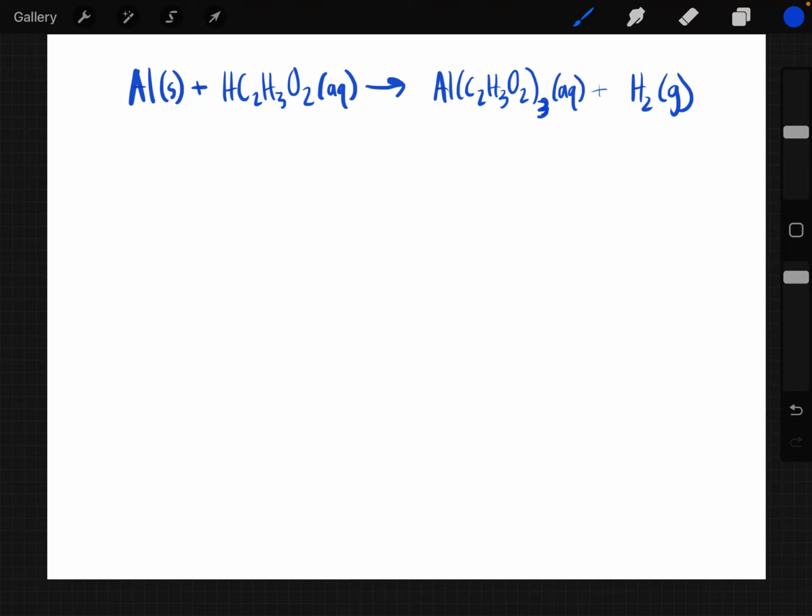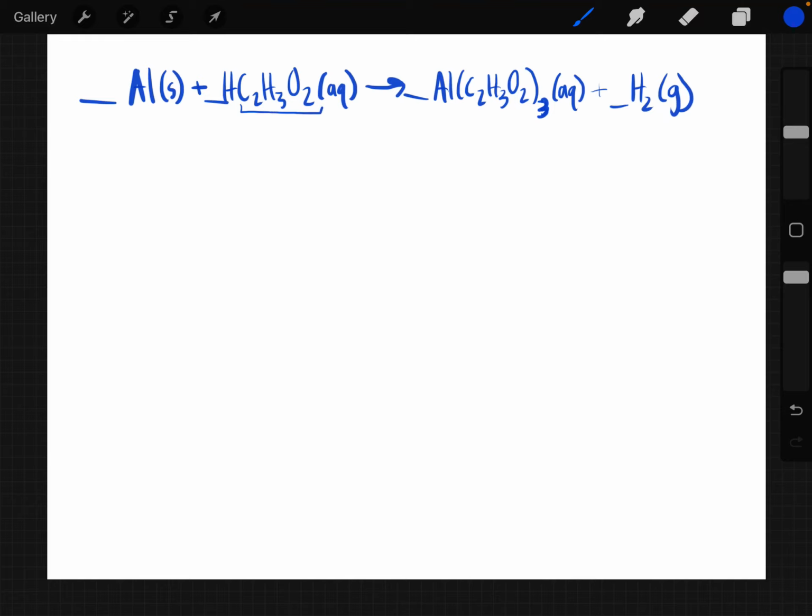So you're going to be given a chemical reaction, and there are 3 steps to doing these problems. The first thing you need to do is make sure you have a balanced equation. I'm going to go through and do this in my head. I have 1 aluminum on the left, 1 aluminum on the right. That's happy. I can move on. I have 1 acetate right here.